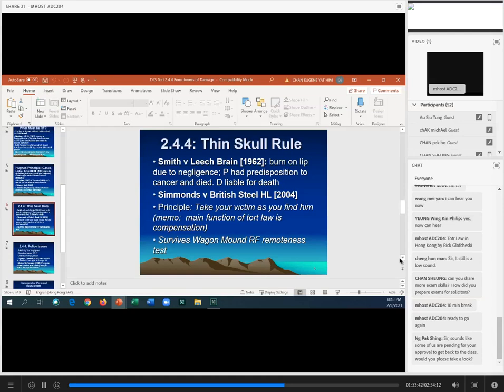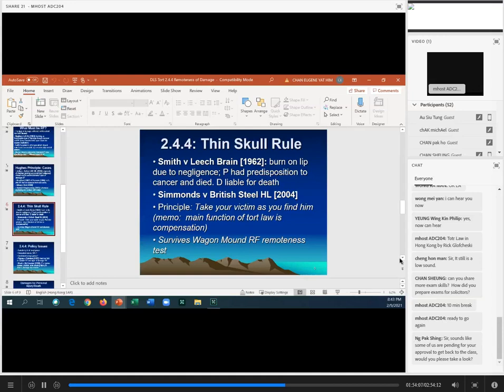Or if you're going to be in a traffic accident, make sure it's with a car that's old and not brand new, because if you're liable, you have to take your victim as you find him. You will have to pay that high level of damages. That's the main function of tort law, and this is the thin skull rule. So if you're going to hit anybody on the head, make sure they've got a thick skull, like me maybe.